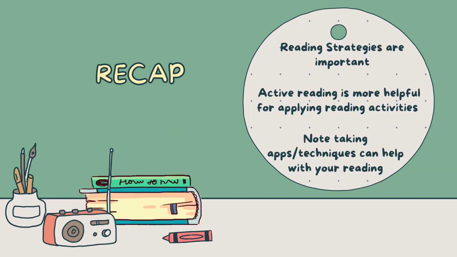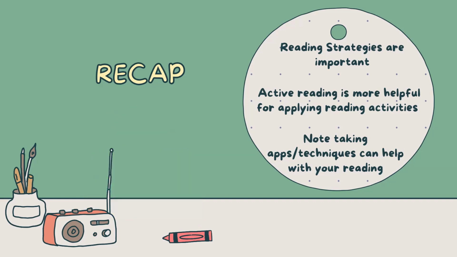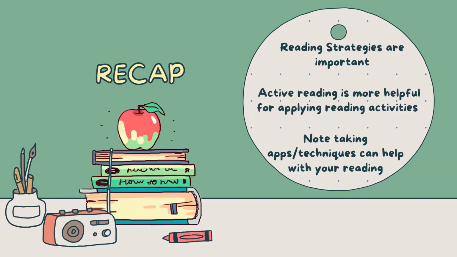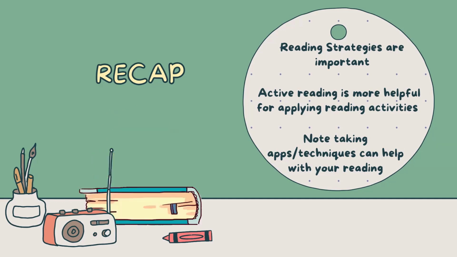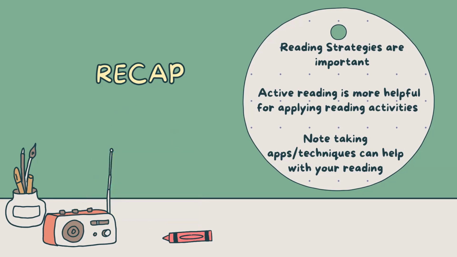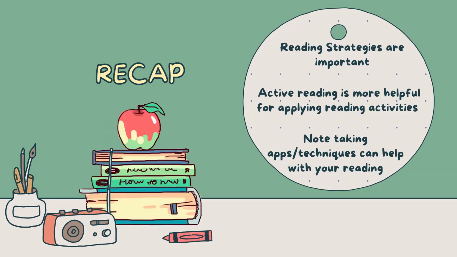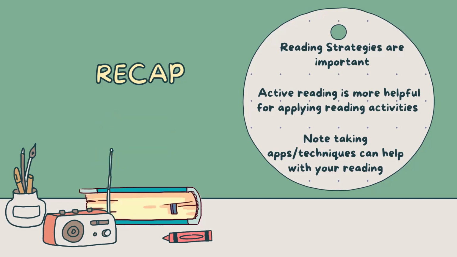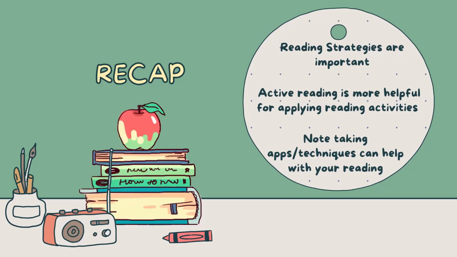Active reading is more helpful for applying reading activities. So what that means is that active reading and passive reading are two different types of strategies, and they require two different switches on your brain. Passive reading, your brain is kind of turned off, but you're leisurely enjoying yourself.